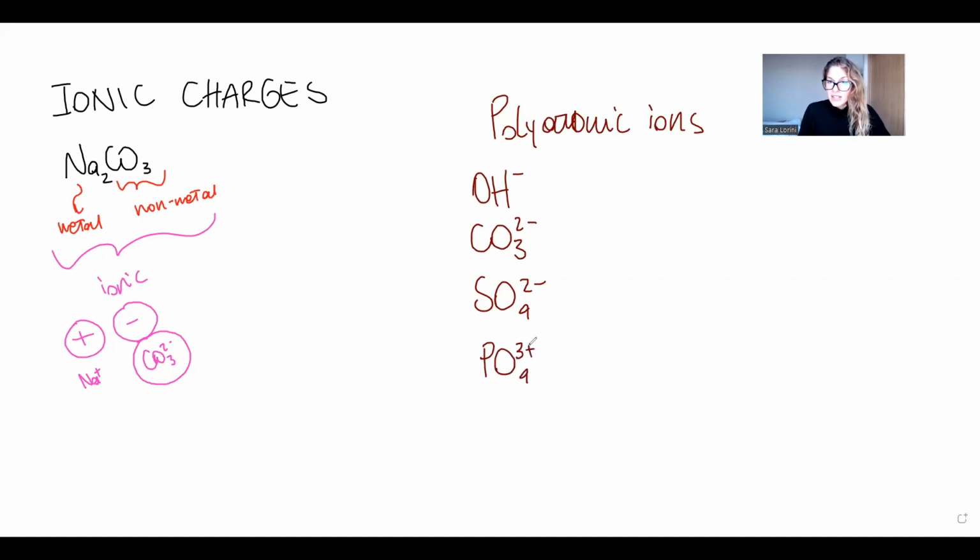But polyatomic, just think about what it means: polyatomic ions are made of more than one element, but still overall it's an ion. So hydroxide, carbonate, sulfate, phosphate.